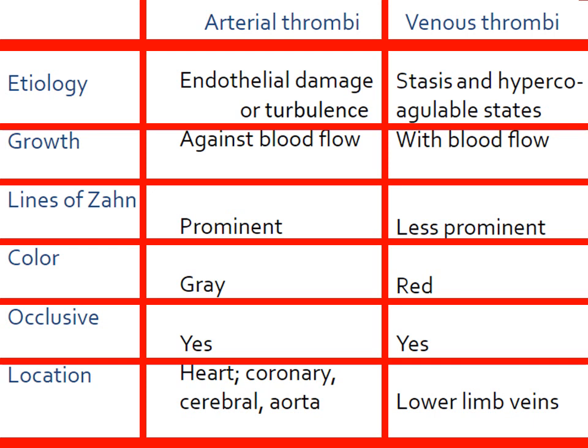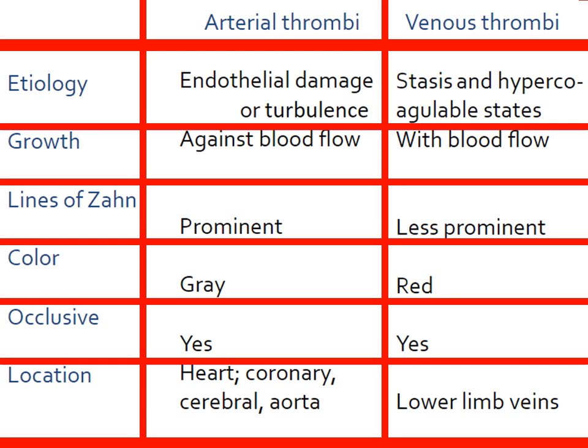If we talk about the etiology, the arterial thrombi arise due to some endothelial damage or turbulent blood flow, and the venous thrombi usually arise as a result of stasis. Arterial thrombi grow against the blood flow, or in the retrograde manner, while venous thrombi grow with the blood flow. Lines of Zahn are prominent in arterial thrombi, but in venous thrombi they are not that prominent.